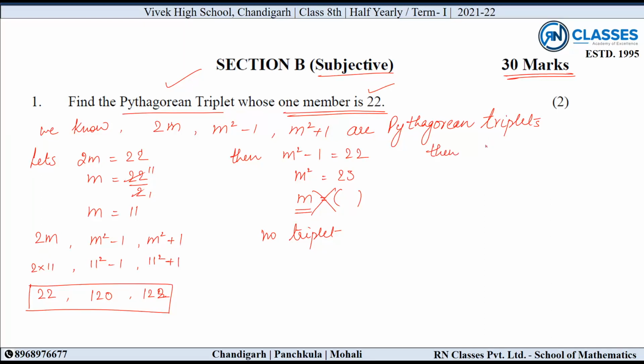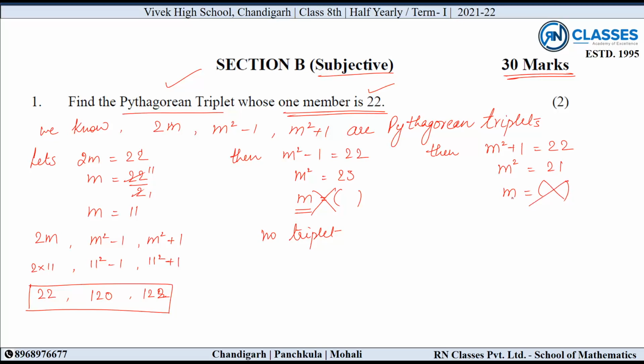Last one, m square plus 1 is equal to 22. So m square is equal to 22 minus 1, so it becomes 21. Find a number whose square becomes 21. Will you find it?